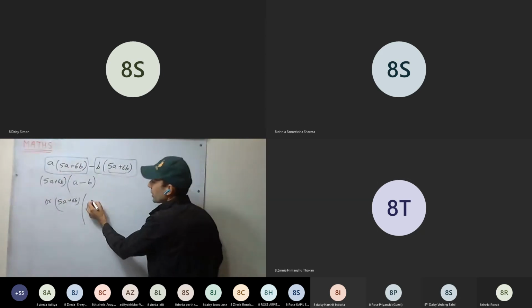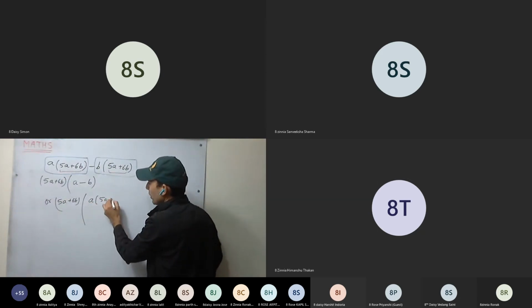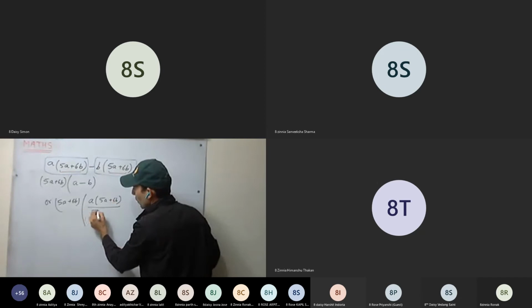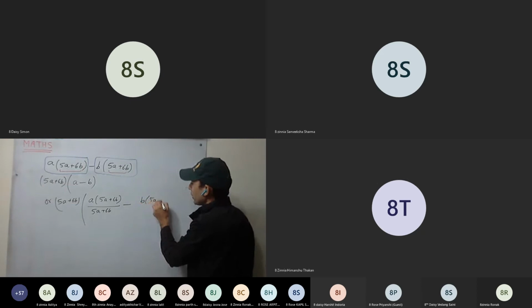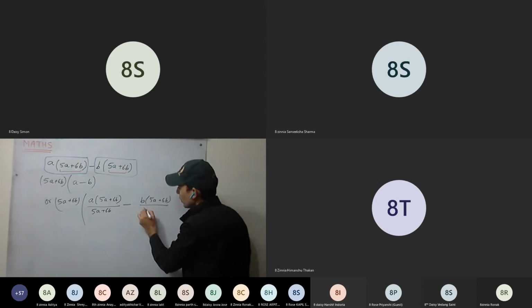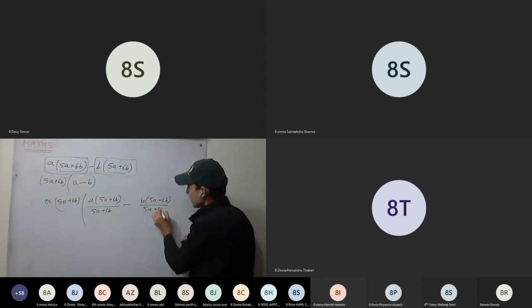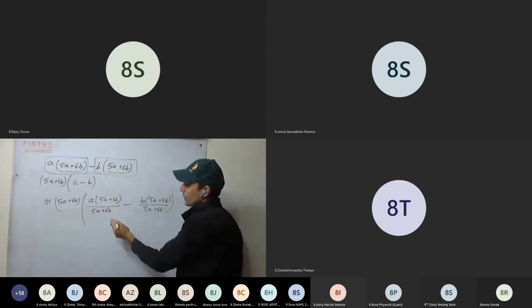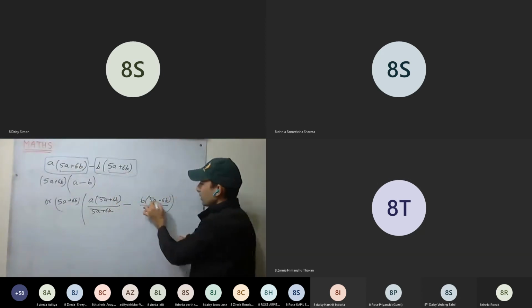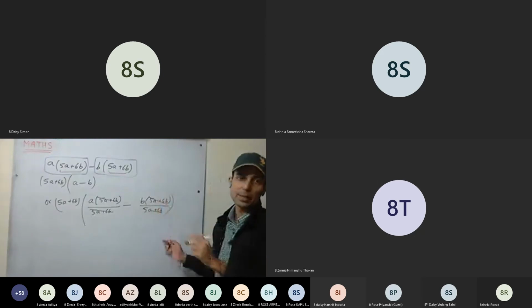Now divide both terms by this one: a(5a plus 6b) divided by (5a plus 6b), minus b(5a plus 6b) divided by (5a plus 6b). It gets cancelled. What is remaining? a minus b.